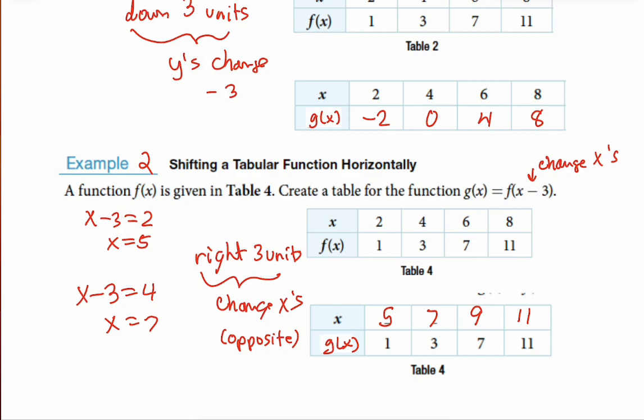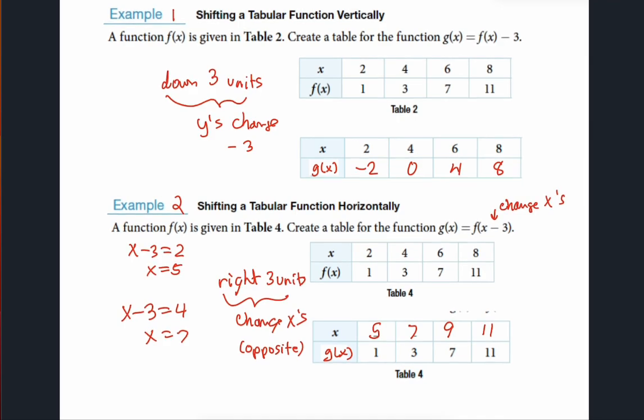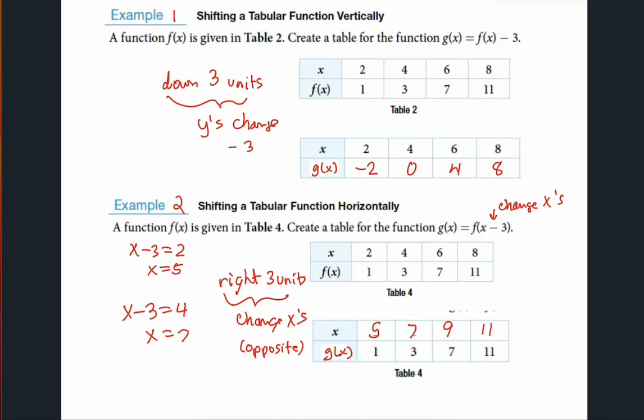So if it's on the outside, it does what you see. If it's on the inside, it does the opposite of what you see. Inside stuff affects the x's, the input. Outside stuff affects my final result, my output. So there is example 1 and 2.